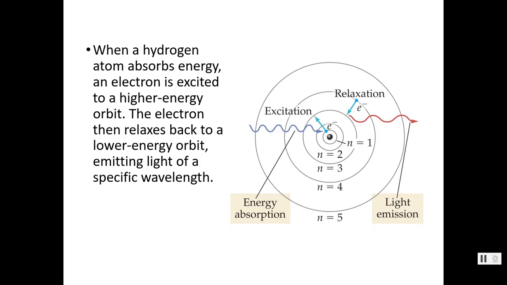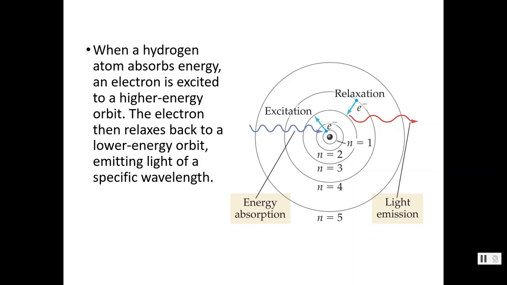That light can either be visible, meaning in the rainbow spectrum of reds, oranges, blues, or yellows, or it might be with a wavelength and frequency that we can't see. The point is that when electrons release their energy, they go down to a lower orbit, and that energy is released in the form of light.